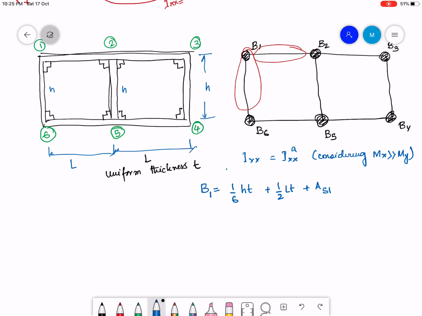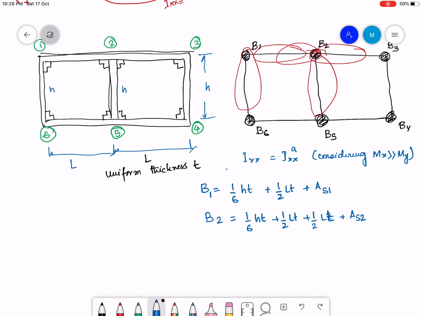What is going to be B2? B2 is going to be 1/6 of ht, plus half of lt, and also half of this one, plus half of L2 t, plus the area of the stringer at S2.